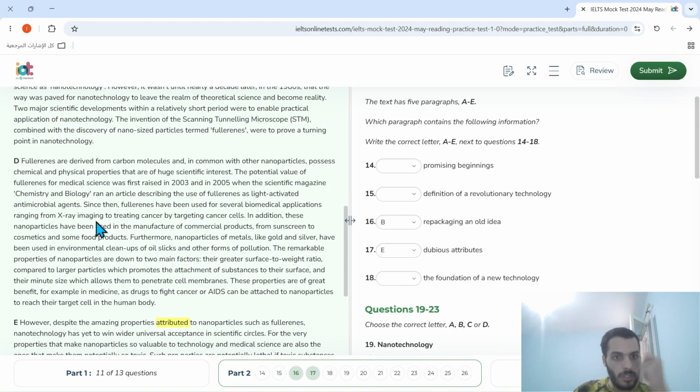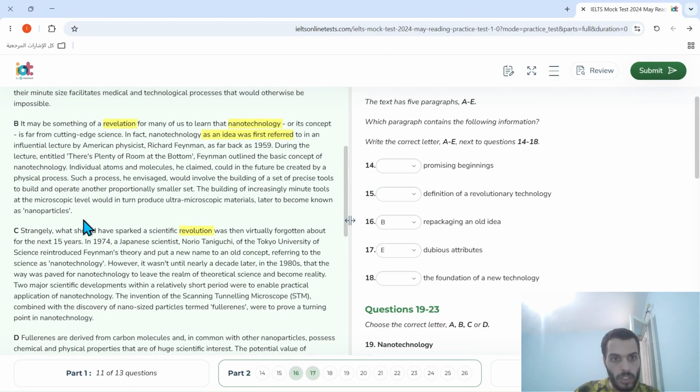Okay. D. New technology, promising beginnings, definition of revolutionary technology, old concept.